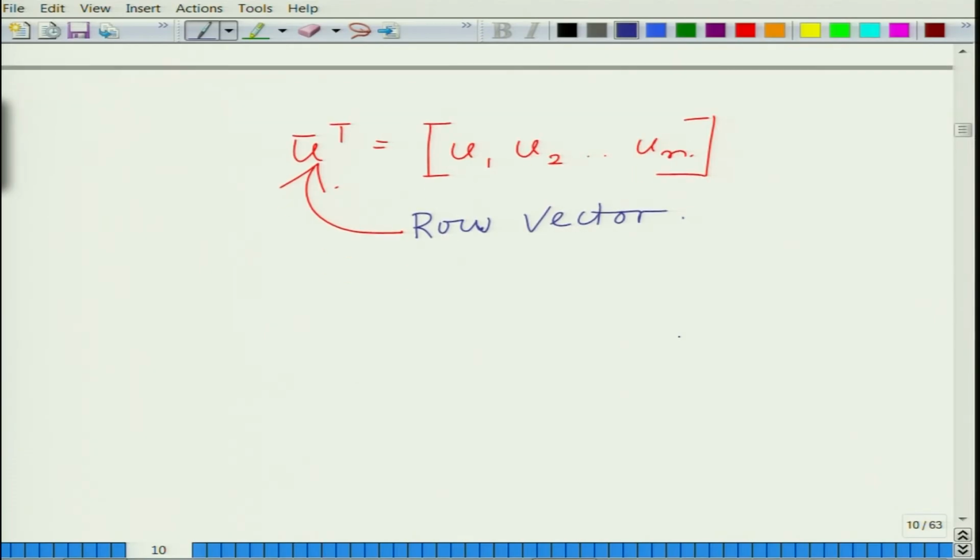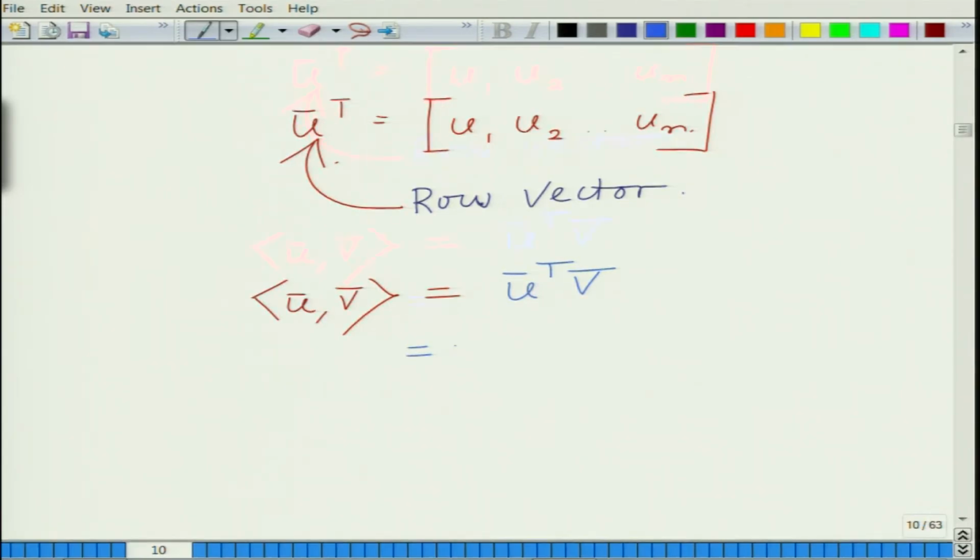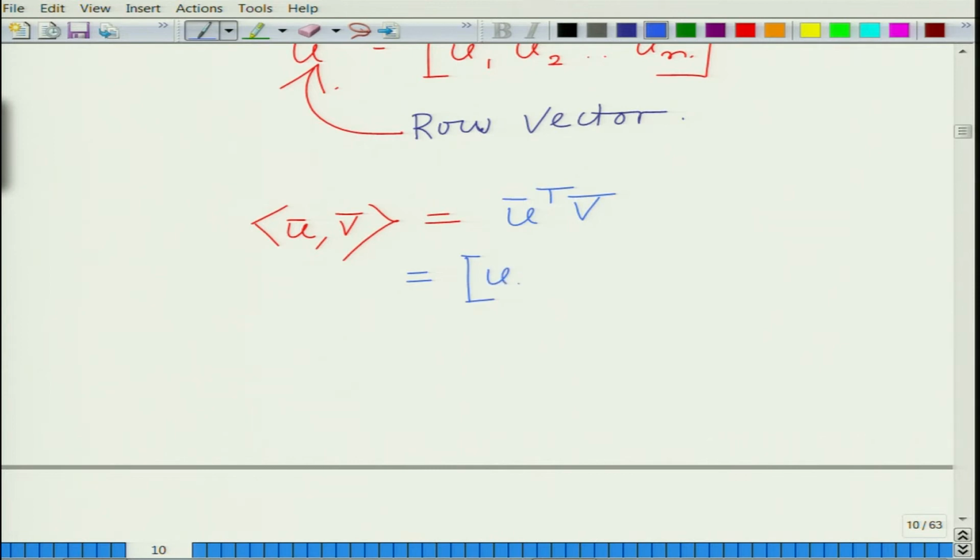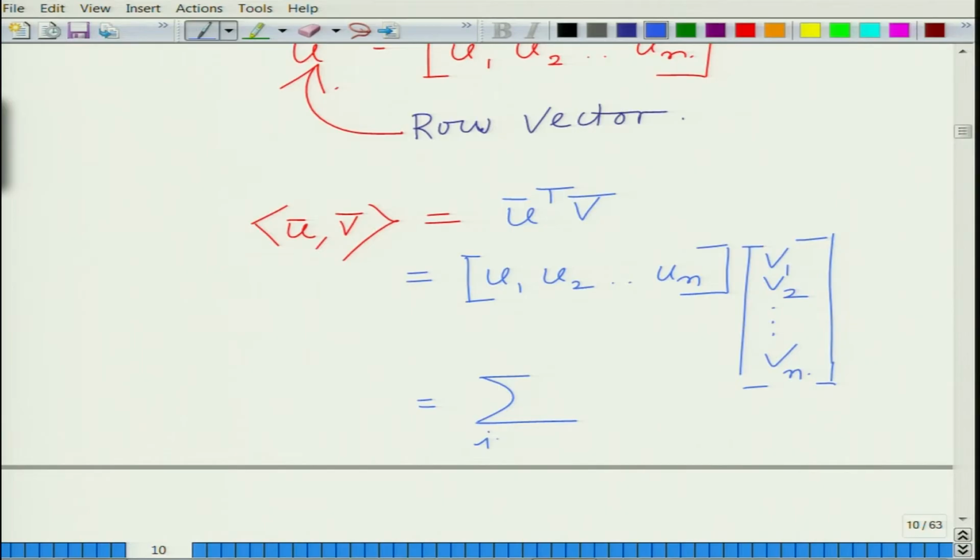Okay. And then we define the inner product. This is a very important definition. We define the inner product of u bar, v bar as u bar transpose v bar, which is essentially the product of the row vector u1, u2, up to un times the column vector v1, v2, up to vn, which is equal to the summation i equal to 1 to n of ui vi.